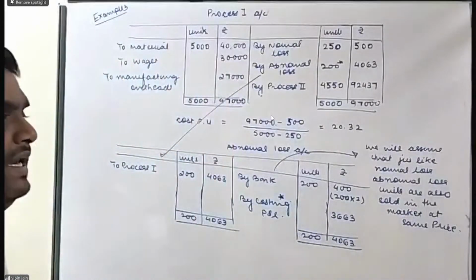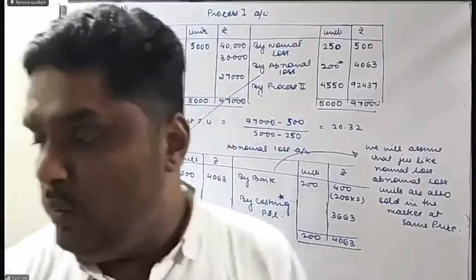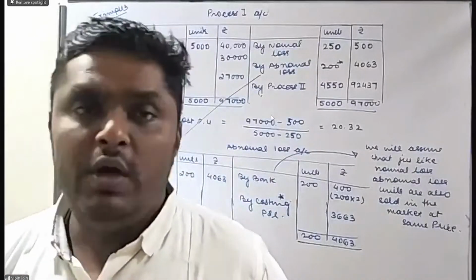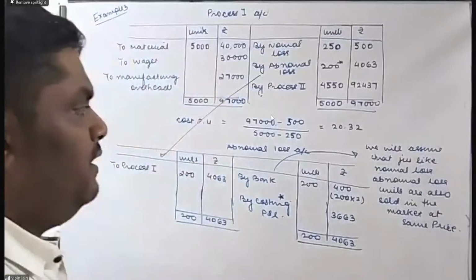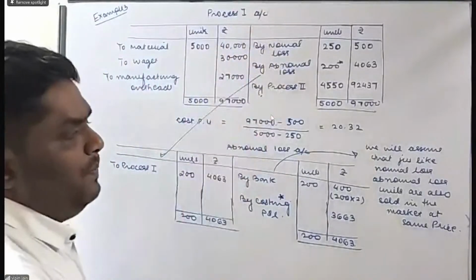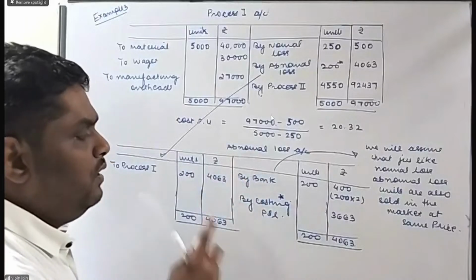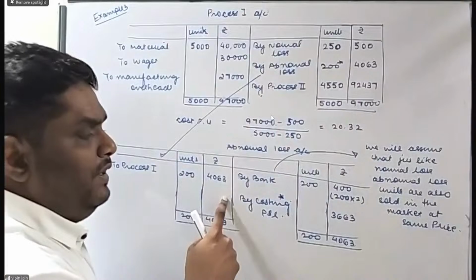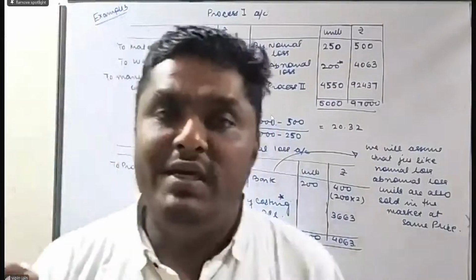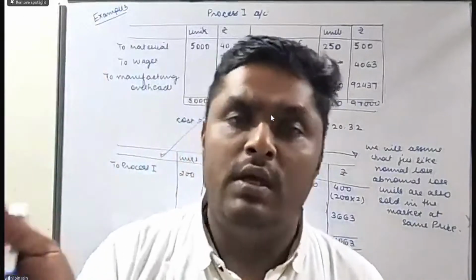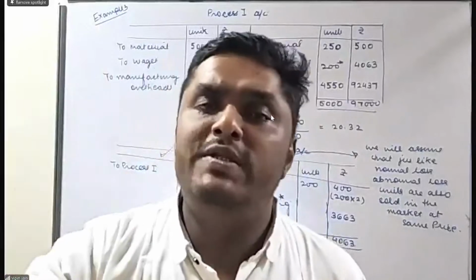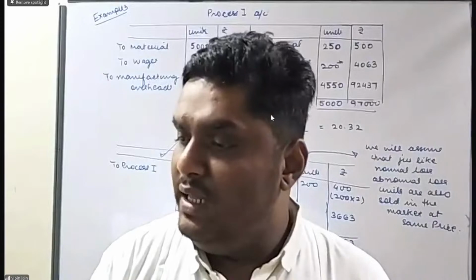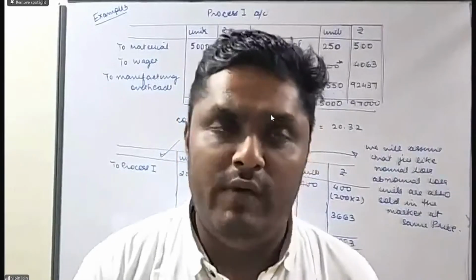If you guys have any doubts or queries, please post your query. Giving you 3 to 4 minutes time to copy this explanation. I request you guys to copy this explanation. I repeat again, this is how I prepared the process first account and abnormal loss account. Abnormal loss account, same amount that is transferred from process first. Yes, Ms. Dharani, we have to follow the same assumption for all the questions.